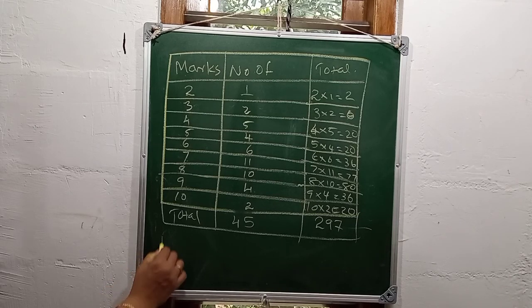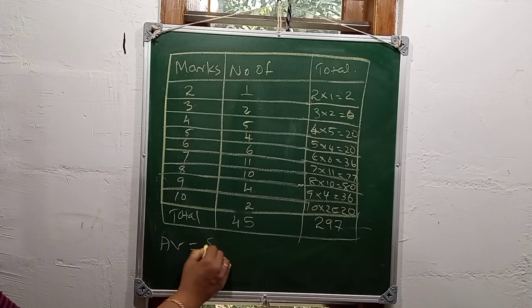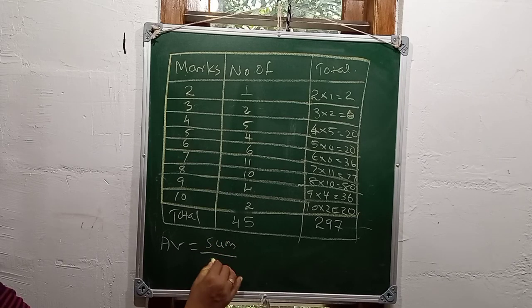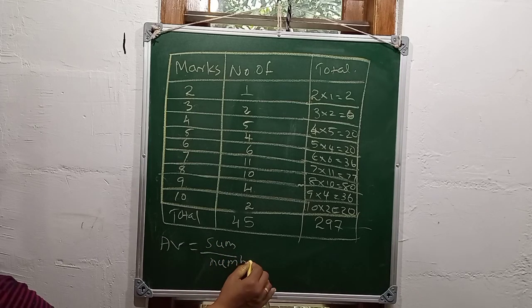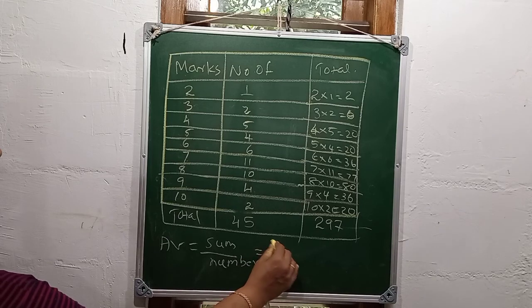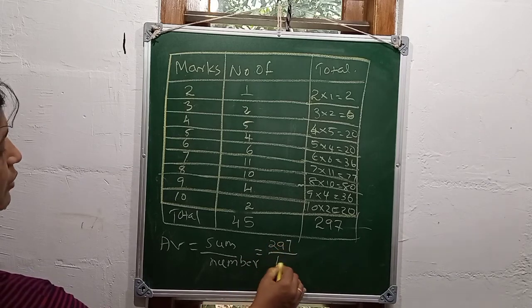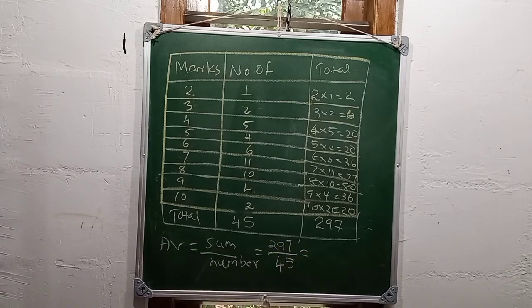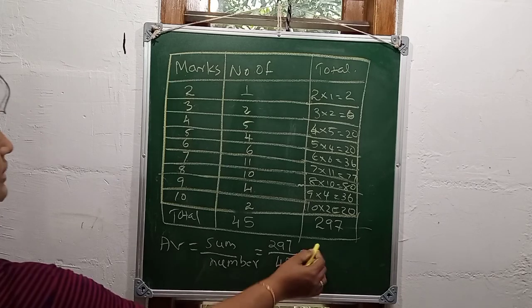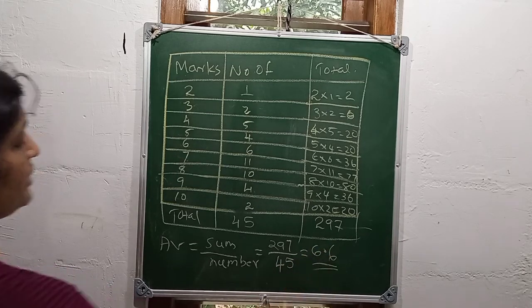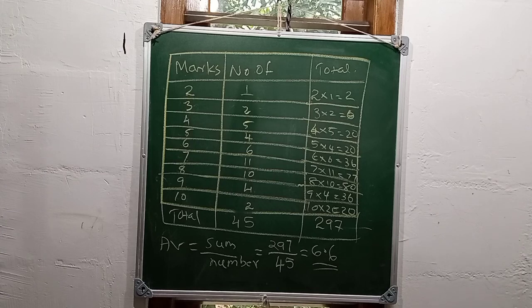Then how do we find the average? Average is equal to sum divided by number, that is 297 divided by 45, which is equal to 6.6. So 6.6 is the average marks of the students in this class.